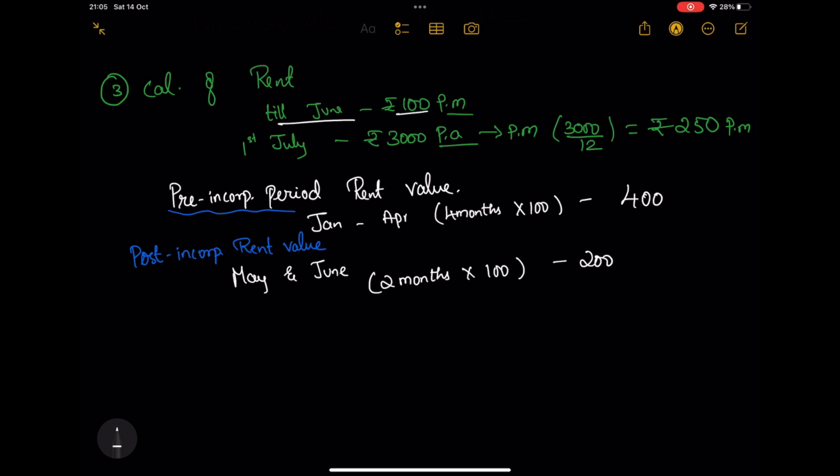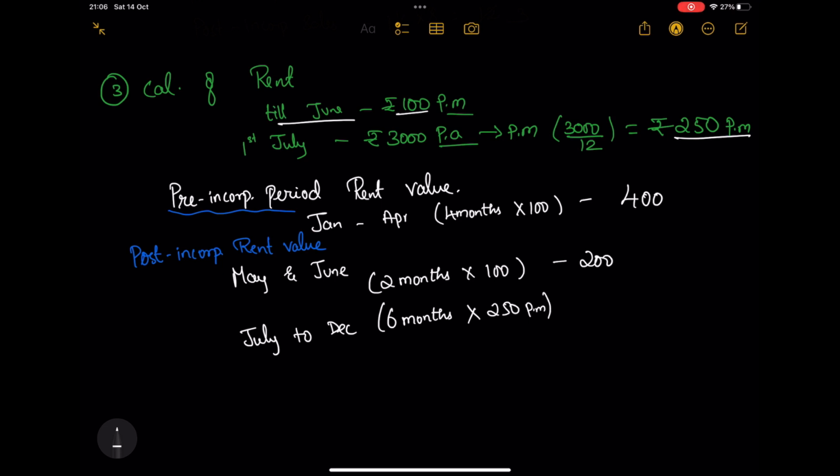Then July to December, that is for 6 months, the rent was increased, isn't it? How much we got? 250 as the value, 250 per month.